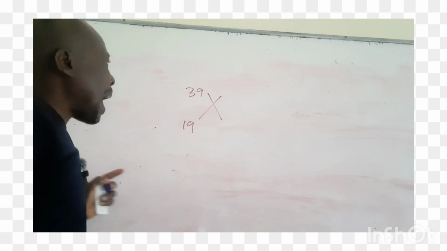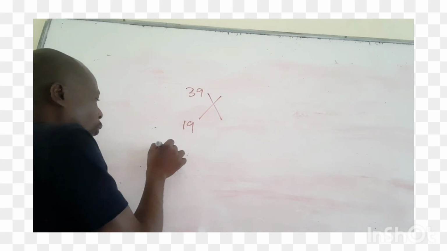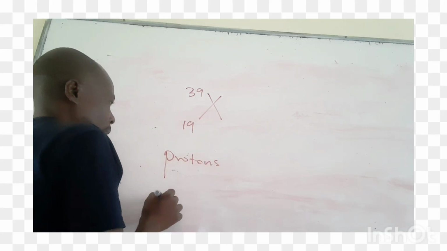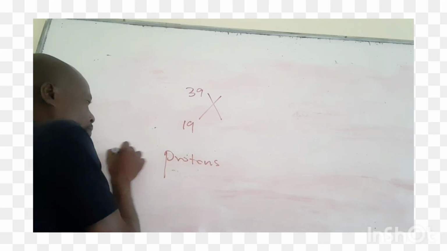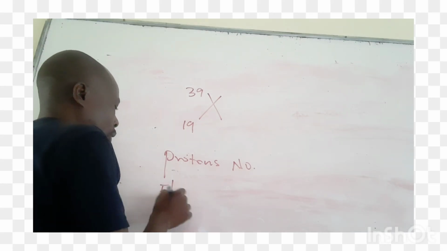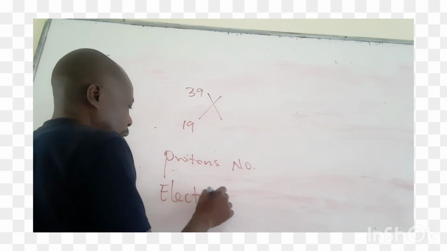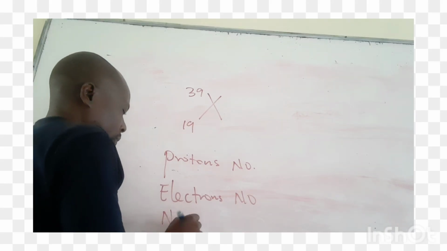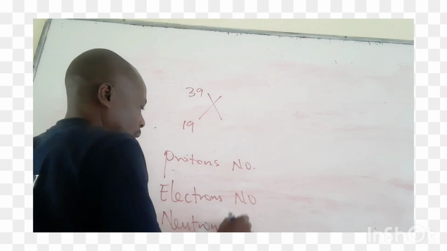So how do we identify the number of protons, the number of electrons, and the number of neutrons?